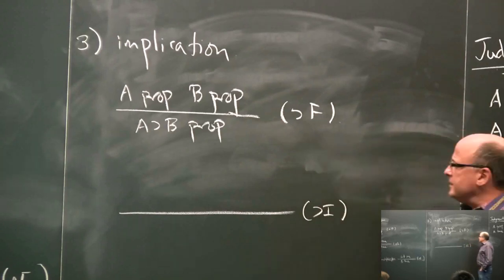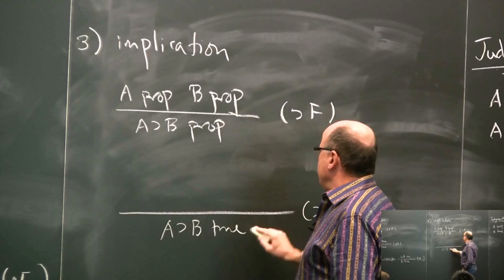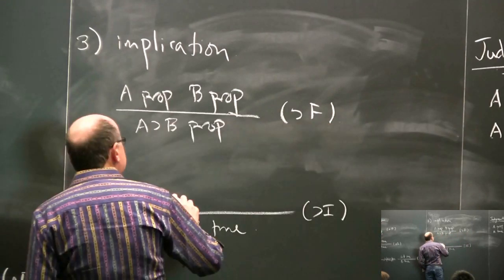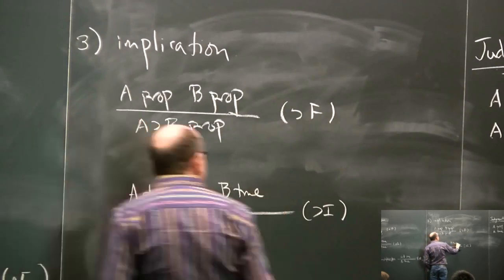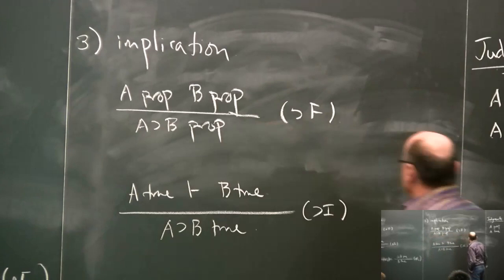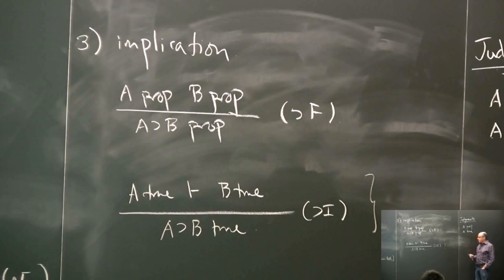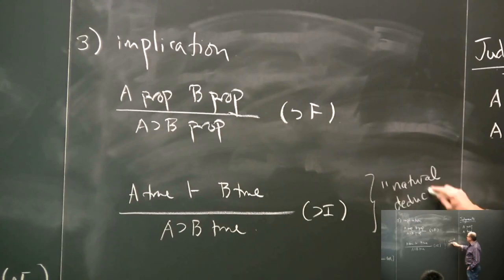Implication introduction says, how do I know that an implication is true? The basic way to do it is we deduce B from A. By the way, I'm not entirely sure who my audience is here because I don't know all of you, so you may or may not already know that this formulation is what Gentzen called natural deduction.